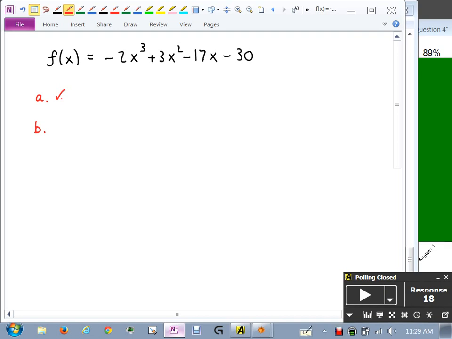Left goes up, right goes down. That's because the degree is what? Is 3, which is odd. And the leading coefficient is -2, which is negative, right?